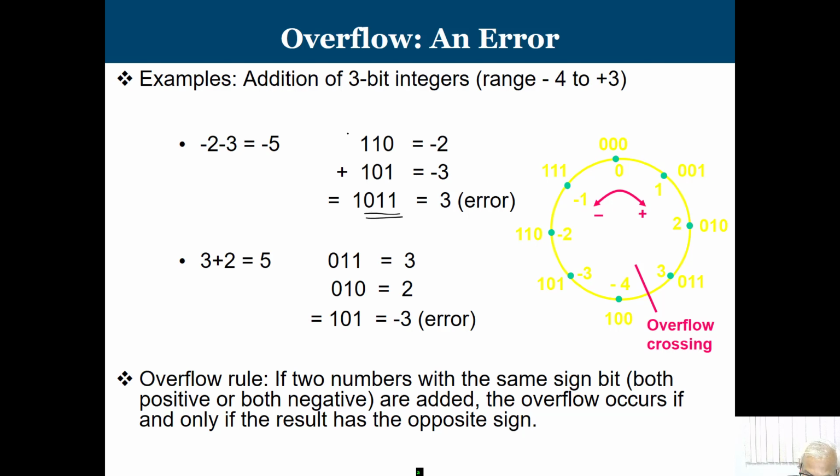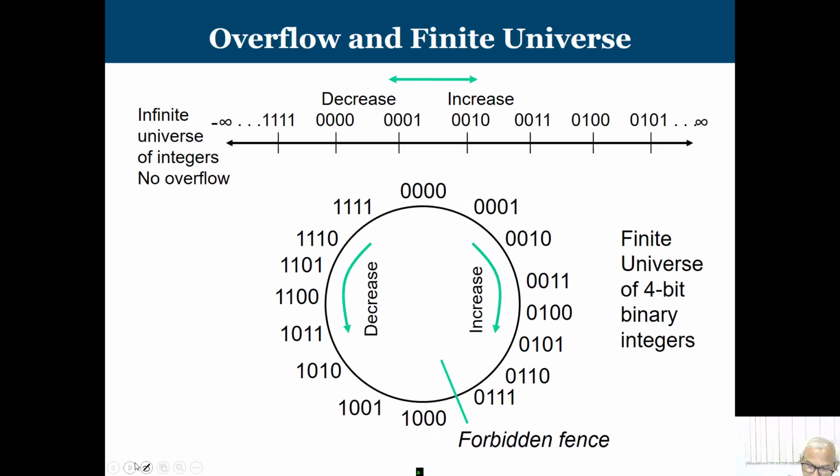Basically, the carry out is 0, and what is the carry in over here? 0. So, they differ basically. This is the way I can see it here also. Similar thing again: we cannot work with an infinite universe, but we can work with a finite universe. That is why we are going to get this particular overflow scenario.